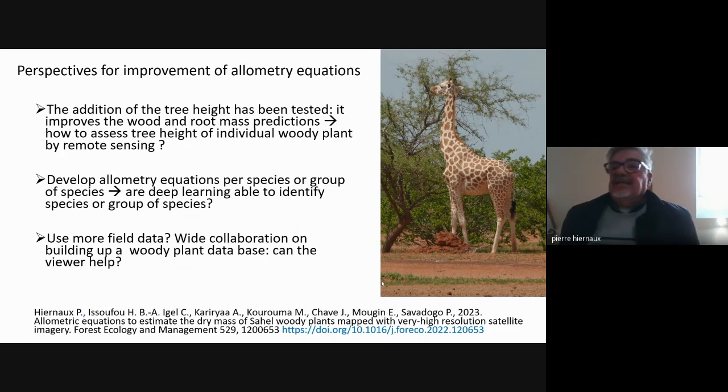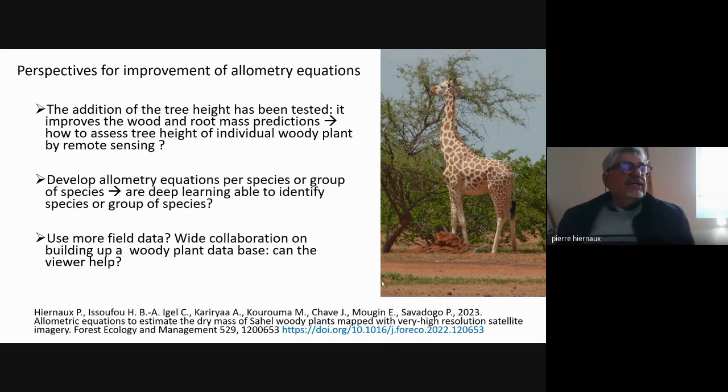Another candidate is the baobab tree, Adansonia digitata. I mean, soon this could be generalized to other species.